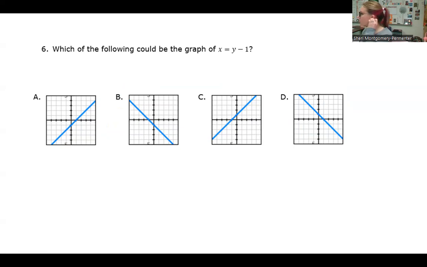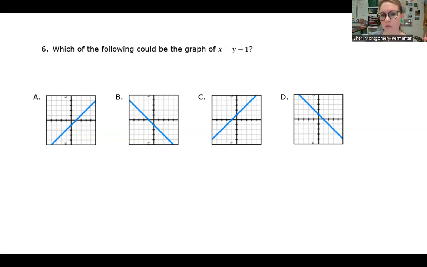Y equals. So when it says x equals, that's a problem. We need it to be y equals. So we've got x and y on either side, but I want it to be y equals. So what if we just got rid of this -1 and moved it over here so that the y is by itself?